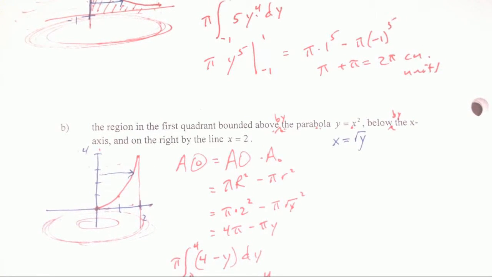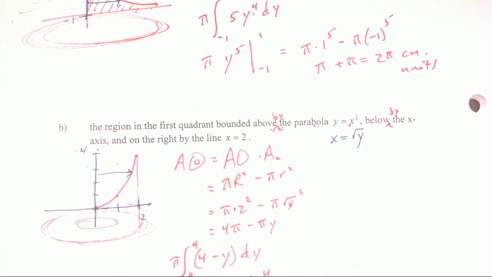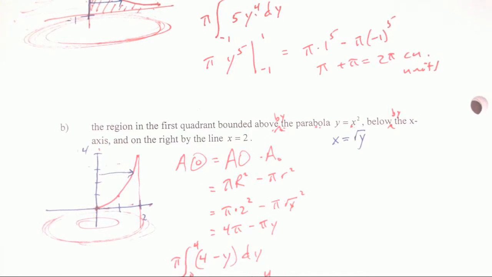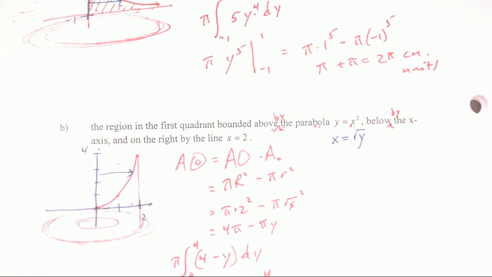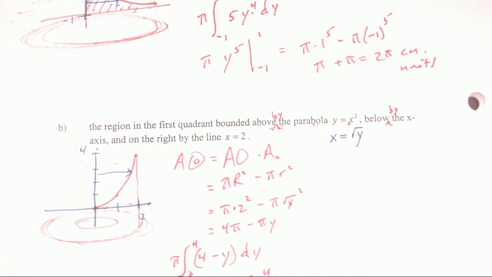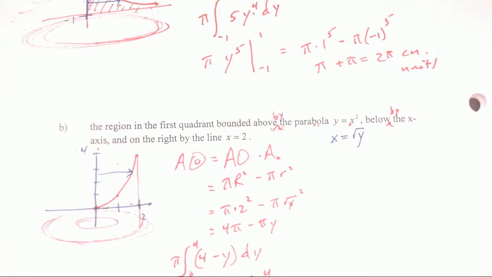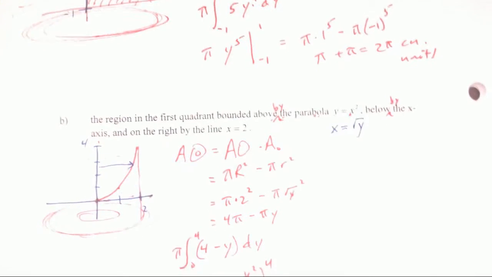I love 0 there, so I get pi times 4 times 4, 16, minus 16 over 2, 8, minus 0, because both have terms of y in them, and that is just 8 pi cubic units.